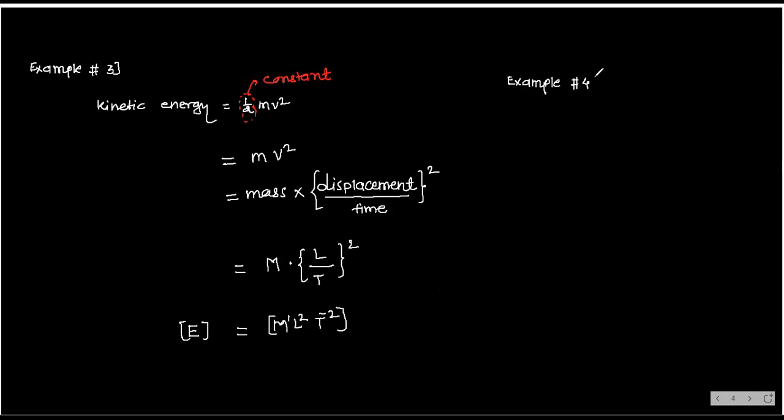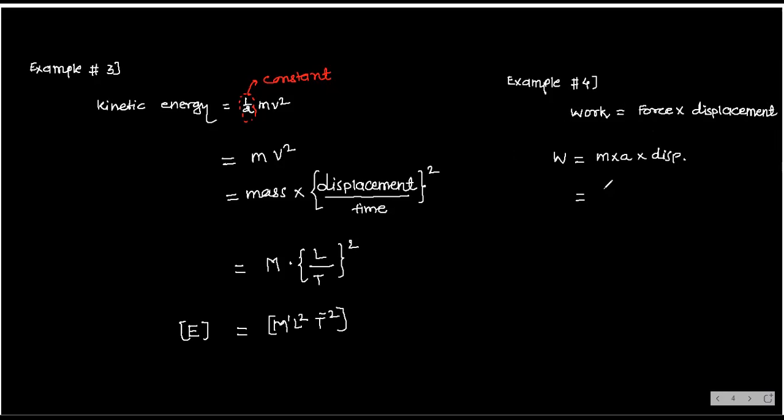Example number 4, here only I am doing. So this is work. Suppose we want to find dimensions for work. Work is equal to what formula? Force into displacement. Therefore, work is denoted by W. Force is equal to what? Mass into acceleration, into displacement. Okay, so I'm writing it short.